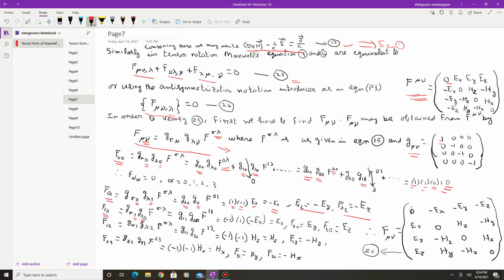Therefore, the non-vanishing values are, this must be g 1 1, g 0 0, and this must be f 1 0. All the other terms are 0, so we need not write them. Only the non-vanishing terms alone can be written. So g 1 1, g 0 0, f 1 0, g 1 1 is minus 1, g 0 0 is plus 1, and f 1 0 from the matrix you can see is minus Ex.